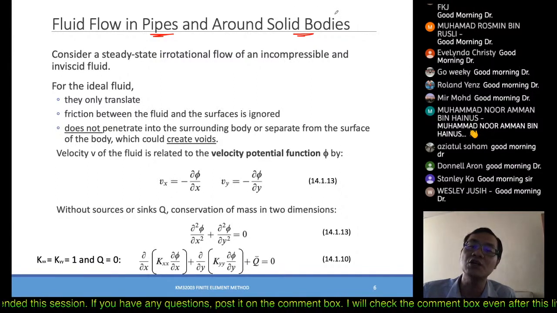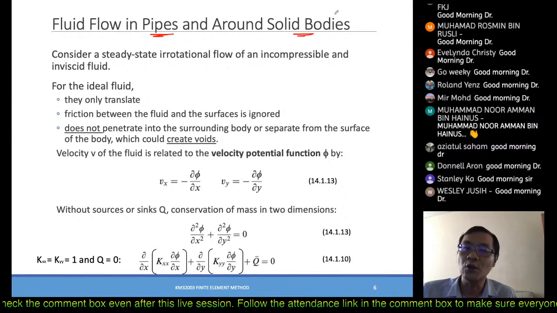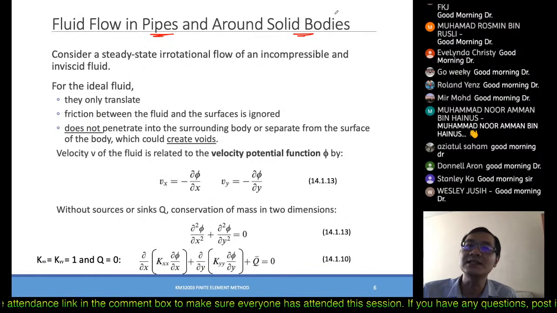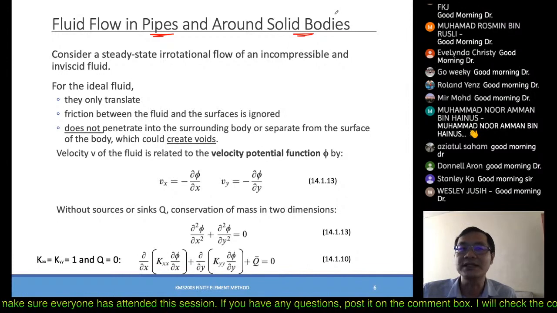This solid body will be subjected to a flow. So instead of the fluid going through a permeable material, now it can be interactions between this solid body and the fluid itself.